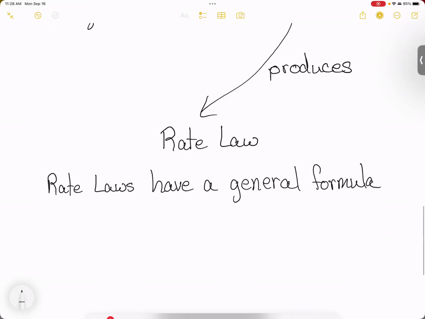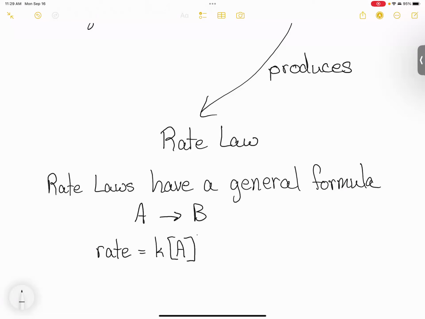So if I have a reaction, A goes to B, then the rate law is going to be: rate for the reaction is equal to k, lowercase k, times the concentration of A raised to a power.